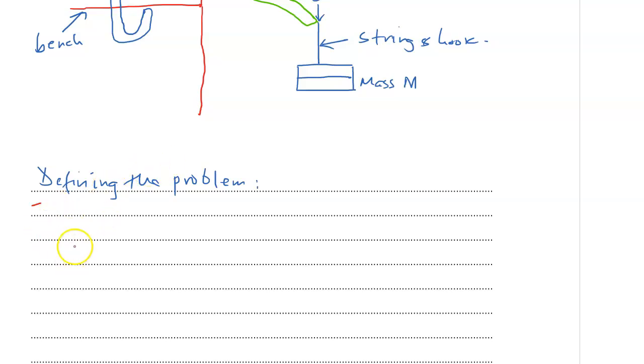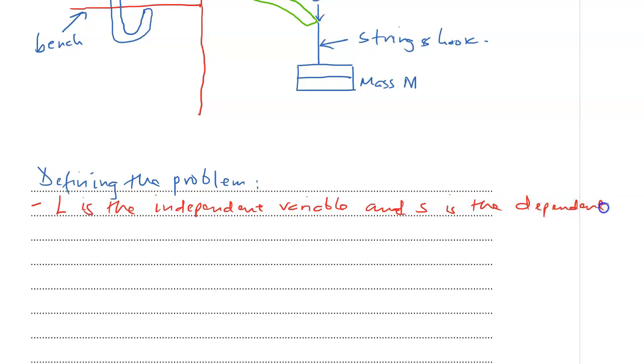So L is the independent variable, and S is the dependent variable.